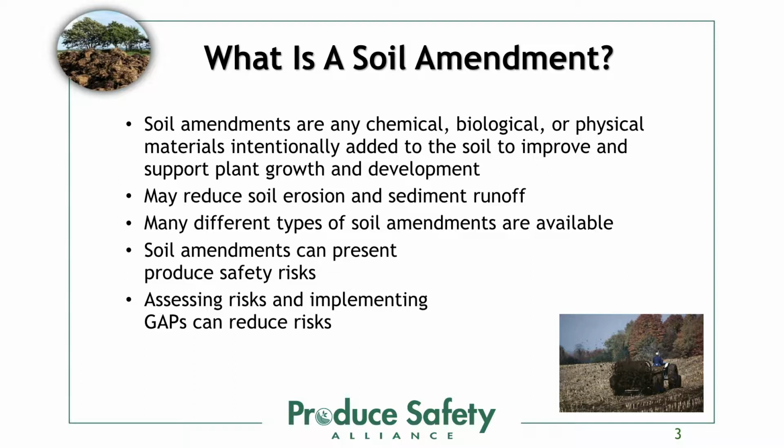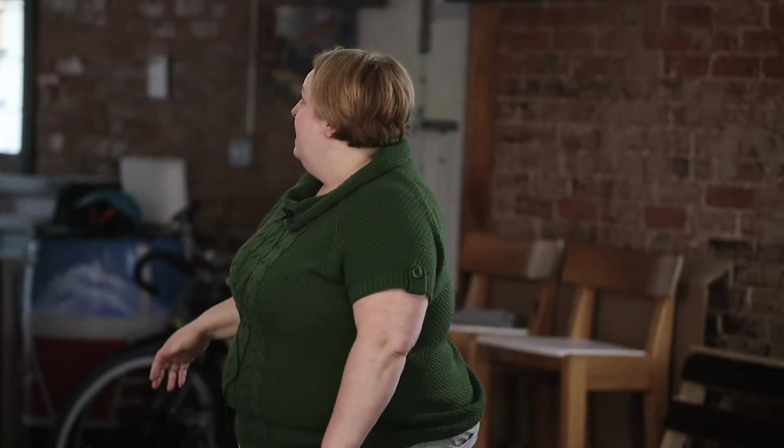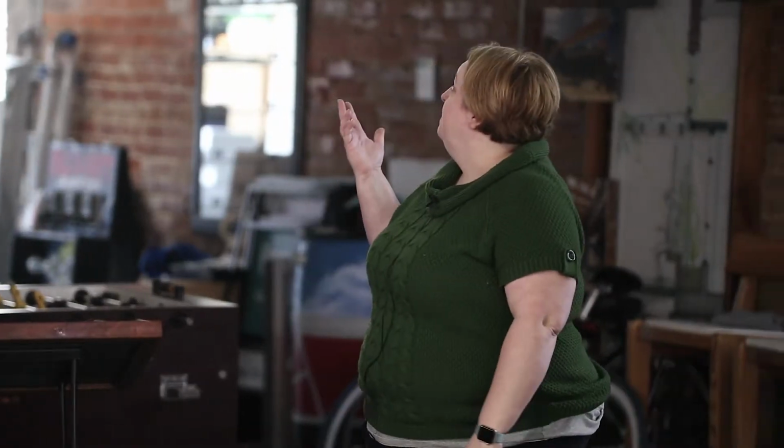A lot of times, when we talk soil amendments, people are just thinking about things like manure, or hopefully composted manure, and they don't really think about the other compounds that you could be adding to improve soil health. Some of the benefits may include reducing soil erosion and sediment runoff, and many types of soil amendments are available, truly showing the breadth and depth. We heard some of those, fish emulsions, things along those lines.